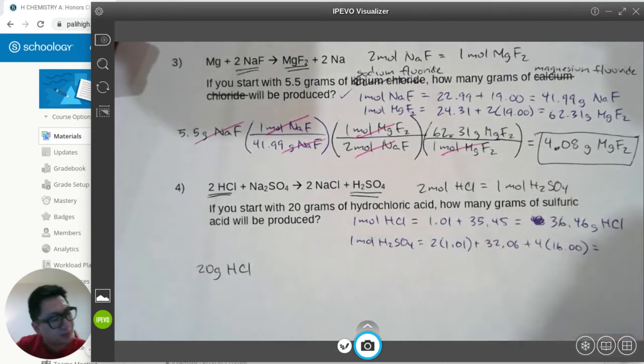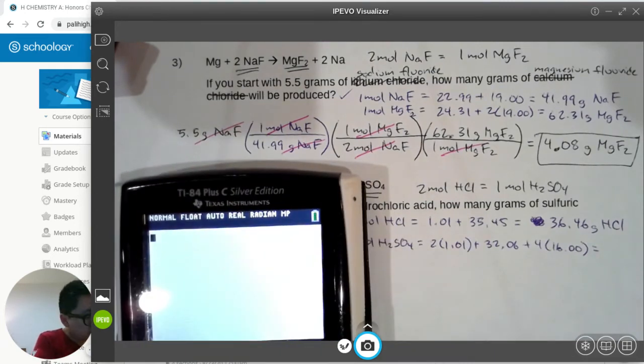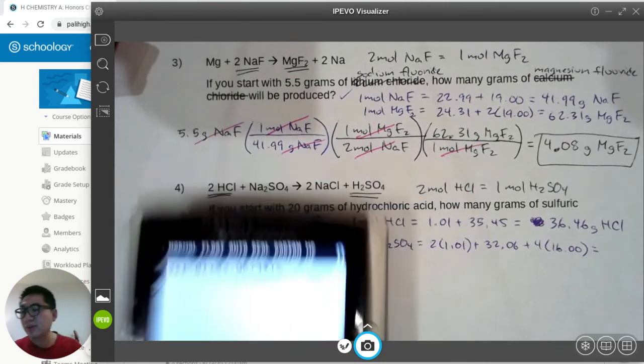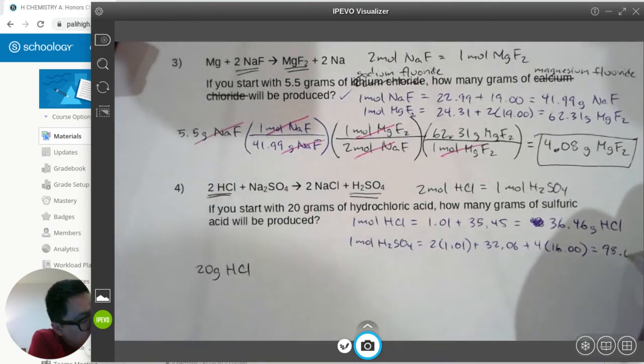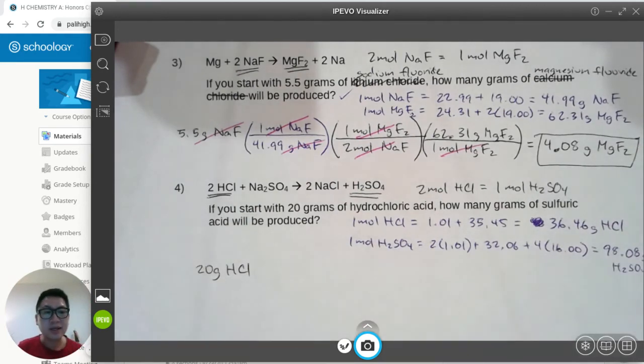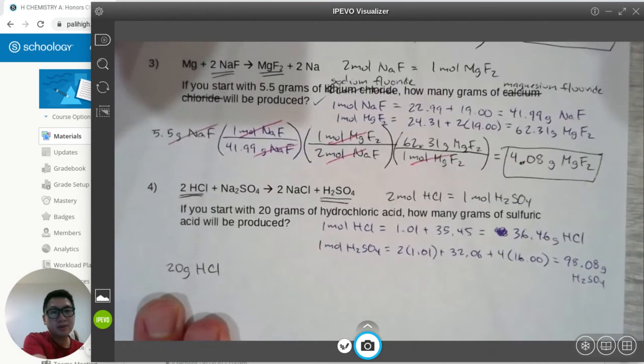I can't add that in my head, so 2 times 1.01 plus 32.06 plus 4 times 16 is 98.08 grams H2SO4. Okay, this is a little bit off the screen. There we go.